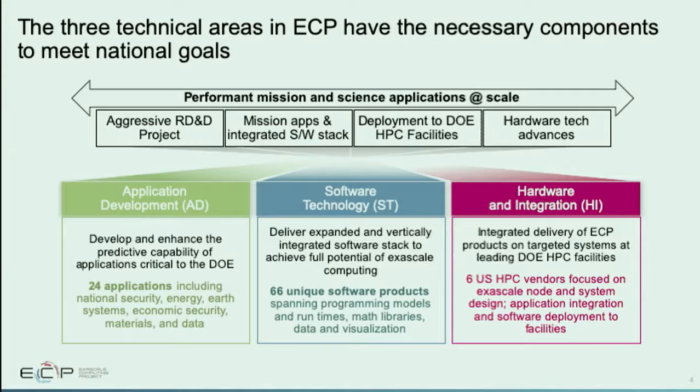So the way the project is structured, I'm going to speak specifically to application development. And that is, and I'll get more details into this in a second, 24 HPC applications and multiple what we call software co-design projects. But we didn't want to just simply focus on applications. We needed to really think about the ecosystem and how researchers are going to use these computers in the future. So there were 3 parallel pillars that were set up as part of this project.